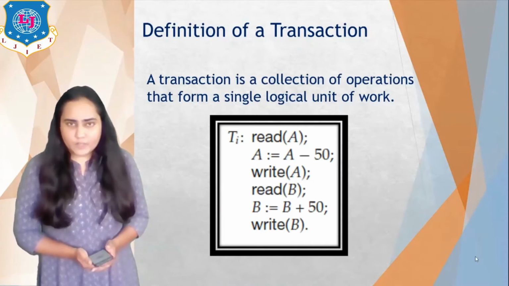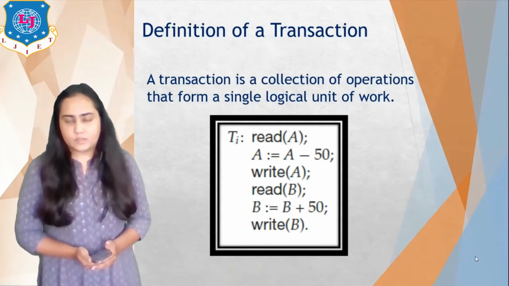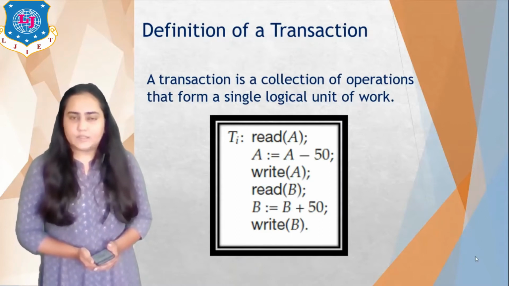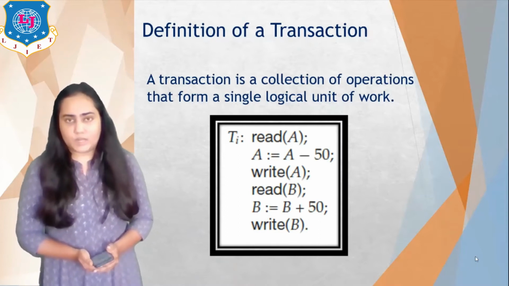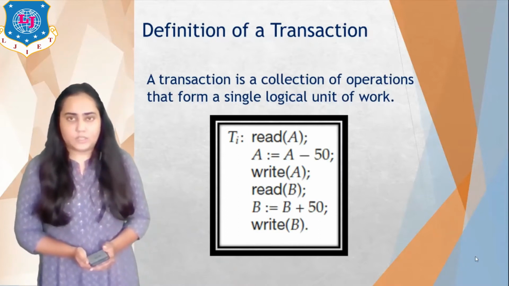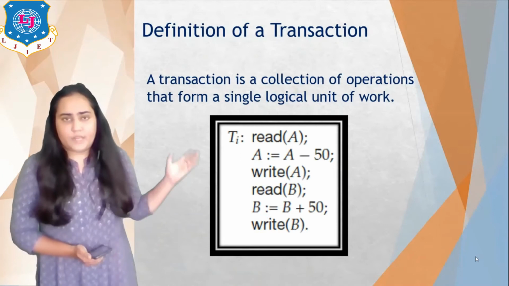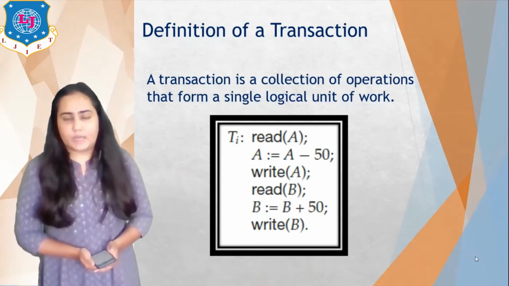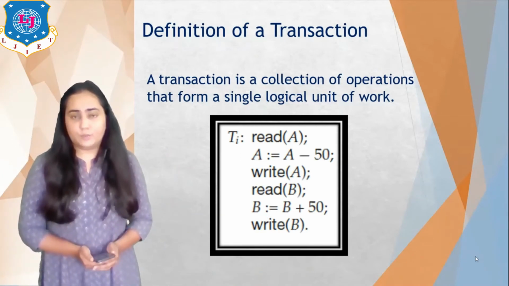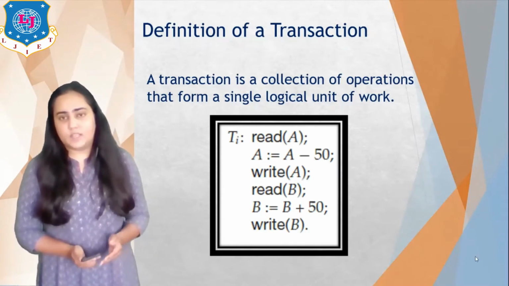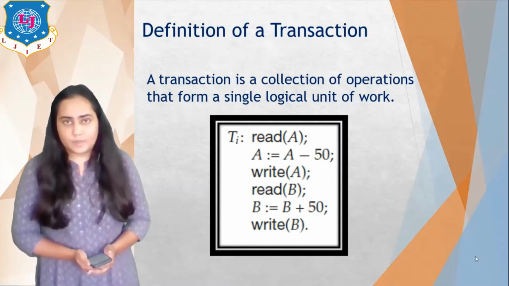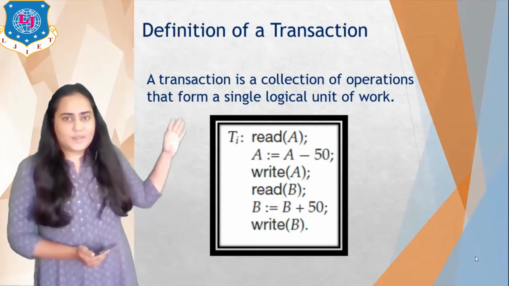If you're having trouble understanding this, I'll give you an example in SQL. Consider that you have created in SQL a table that contains details of all the bank accounts of different people. There's an account A and an account B. In account A, you want to remove $50 and then transfer the same $50 into account B. So this is the same type of transaction.